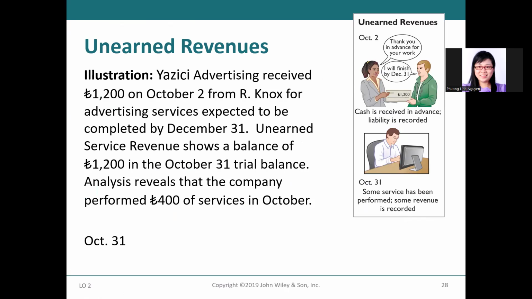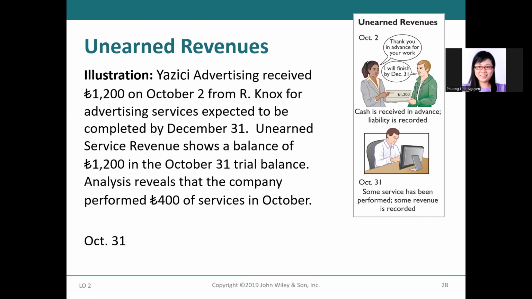Okay, now let's read the example here. Yazici Advertising received 1,200 on October 2nd from Anok for advertising services expected to be completed by December 31. Unearned service revenue shows a balance of 1,200 in the October 31 trial balance. Analysis reveals that the company performed 400 of services in October.